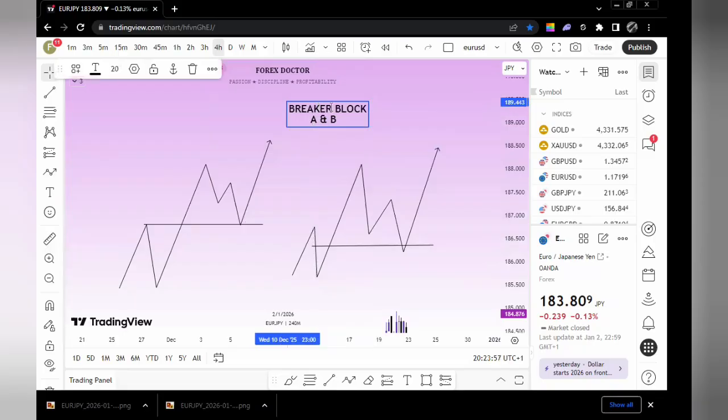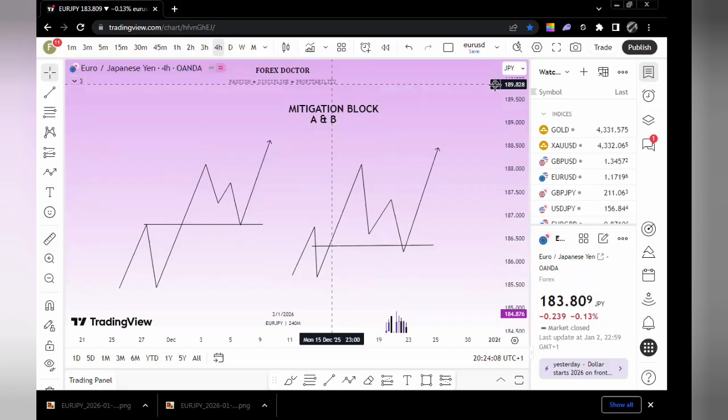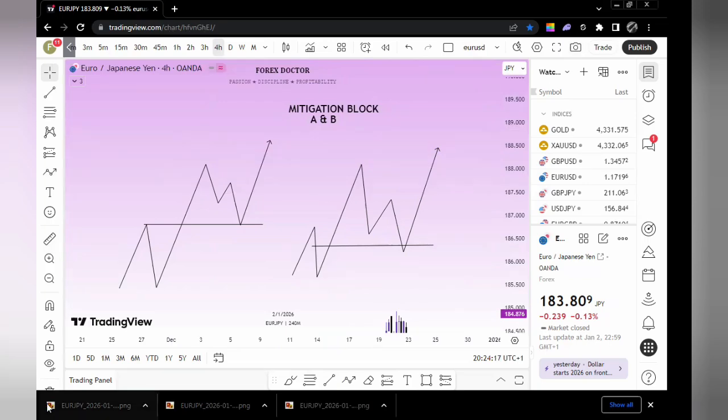So this is it, but I do not trade mitigation blocks. Don't say it's because of me you refuse to trade mitigation blocks. I understand the concept, but I've not taken time to study the pairs it works on mostly.